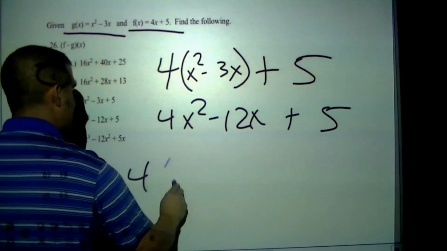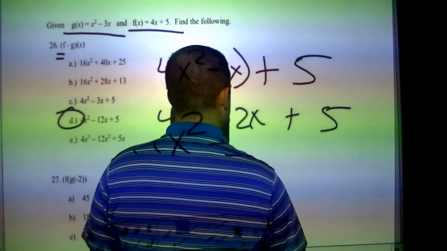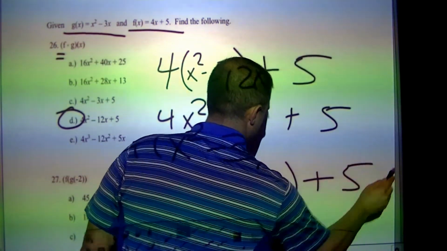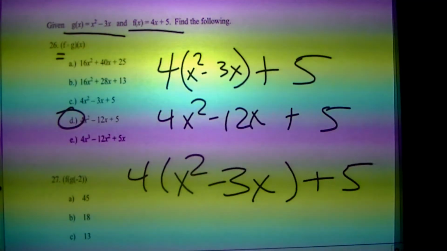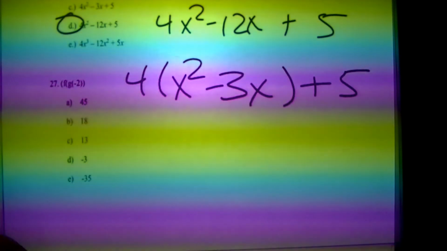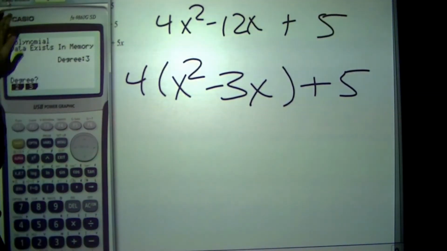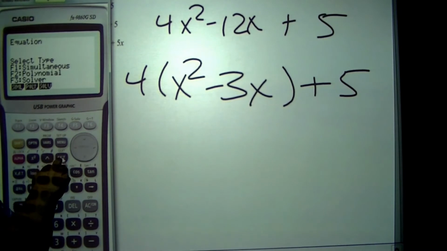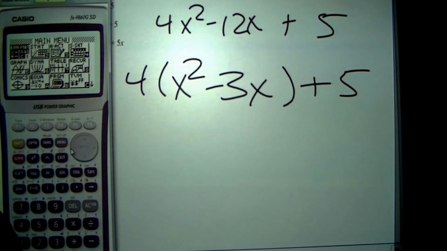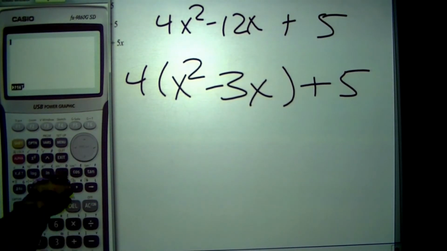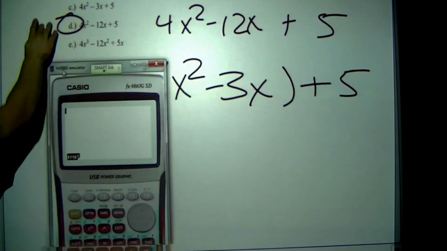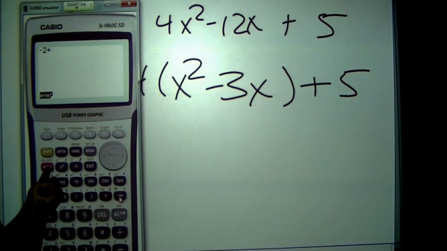Now, the only difference is it's the same problem, but we desperately need to use our calculators. We'll go back here. Okay? All right, they want me to put in what? Negative 2 for x. So negative 2 arrow alpha.